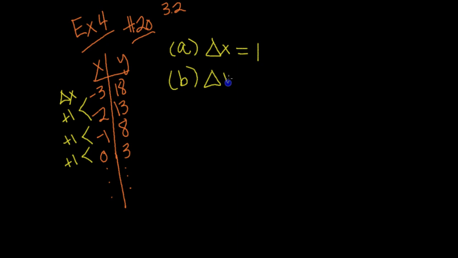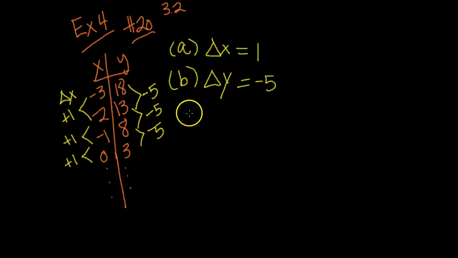So with B, the change in y, the difference from 18 to 13, looks like I'm going down. Do you see how the y values are decreasing? So that's a good note that this is going to be a negative slope, right? So from 18 to 13, I have to take away 5, subtract 5. So that's a minus 5 or a negative 5. Right there, once again, negative 5 and negative 5. So the change in y for this is negative 5.